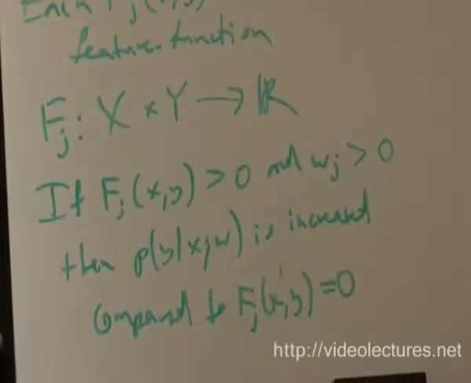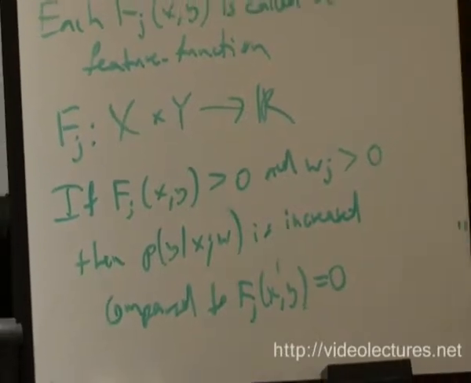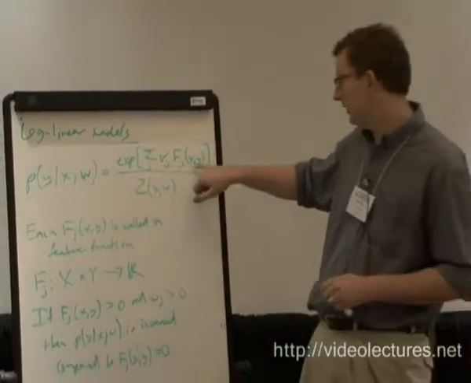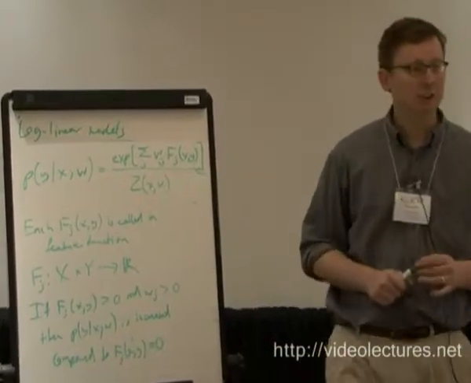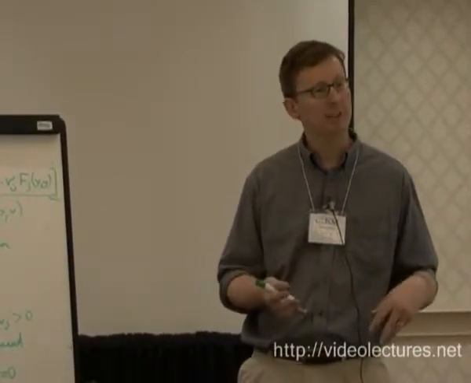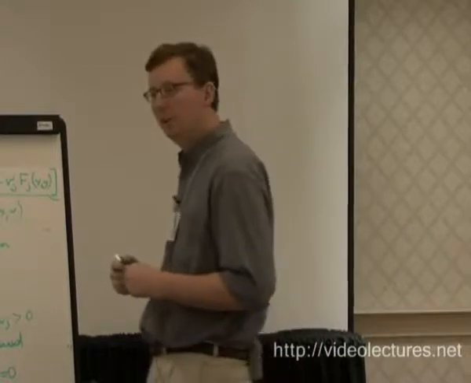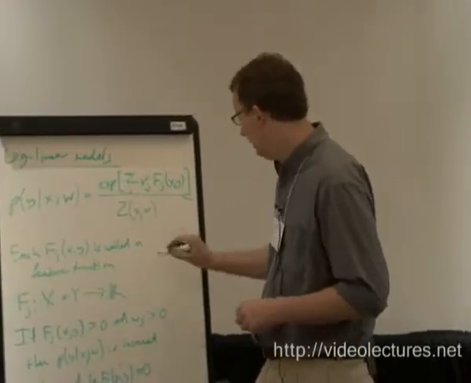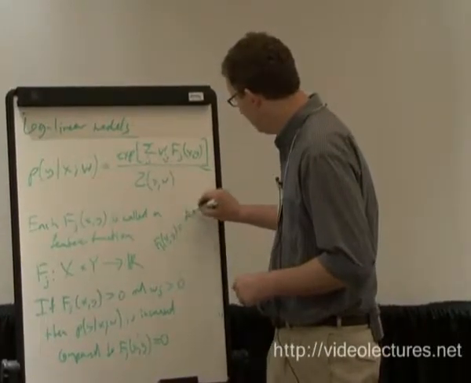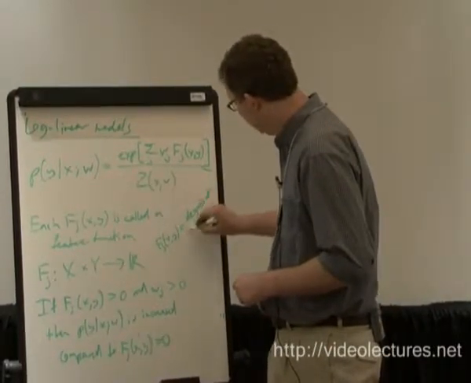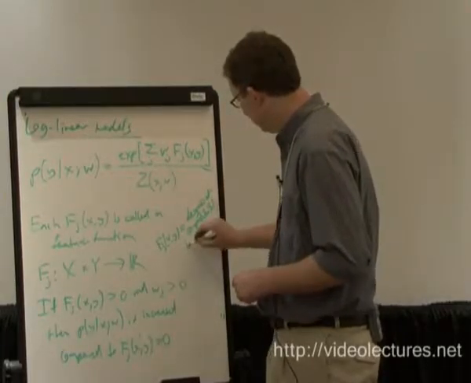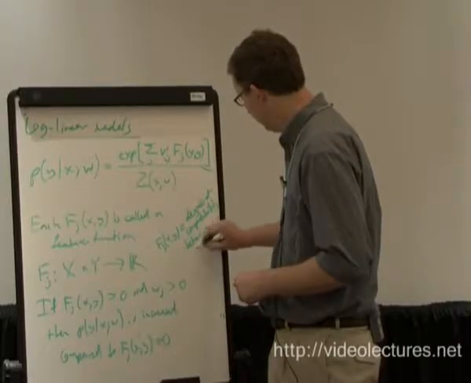The intuitive meaning of a feature function, if it has a positive weight, is that the bigger the value of the feature function, the more this y is compatible with this x. So fj of x and y equals the degree of compatibility between x and y.